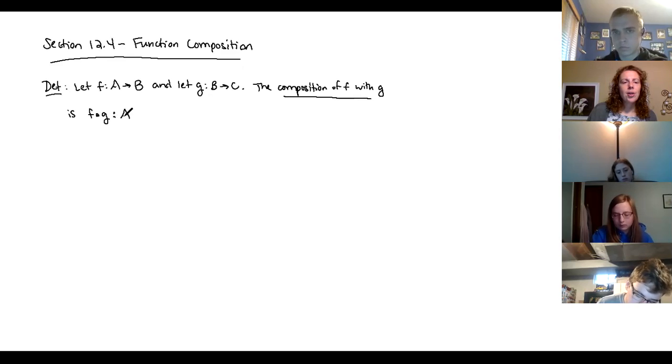This is going to go from A to C. Okay, so it's going to be a new function from A to C.